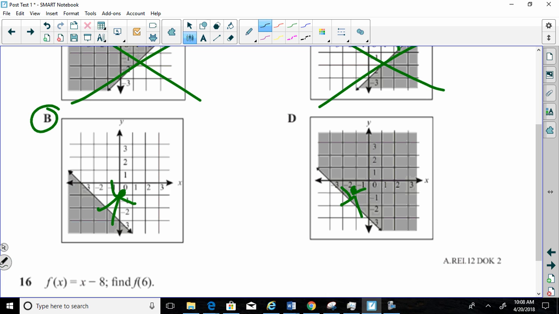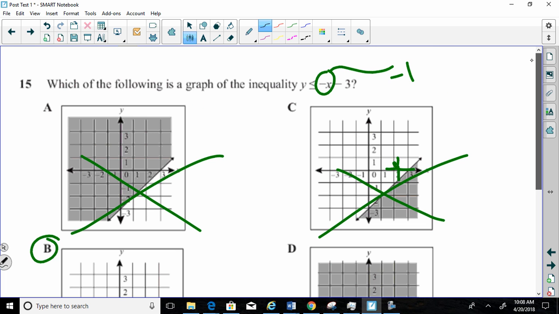To check your work, and don't do this the first time, or if you totally forget what to do, you can literally take a point in the shaded region. So take any point. So I could take -3, -2. And you can plug that point in up here and make sure it works. So I'll show you that real quick.